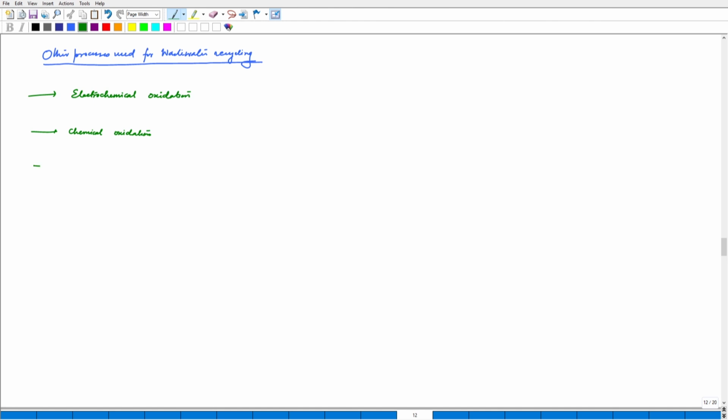We have photodegradation with H2O2 addition, and UV radiation.